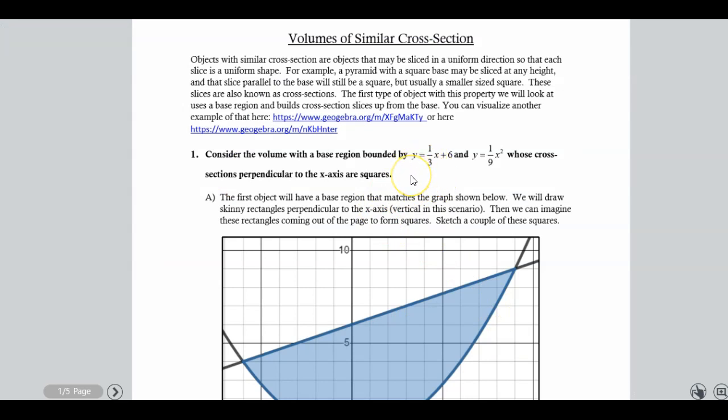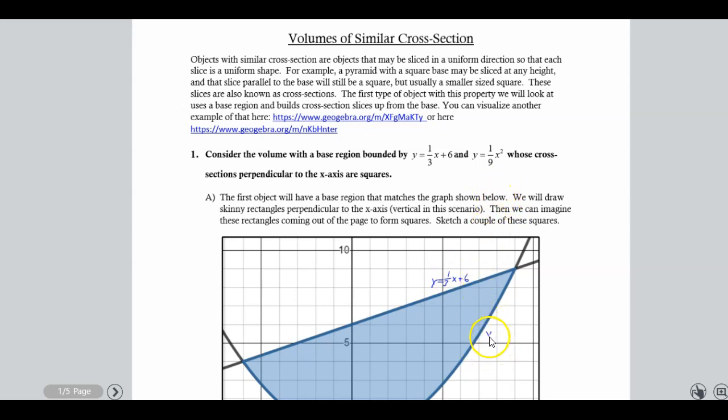So I've got y is 1/3 x plus 6. That's going to be this line right here, and I'll go ahead and put that in. So y is 1/3 x plus 6, and the parabola, which is down here, y is 1/9 x squared.